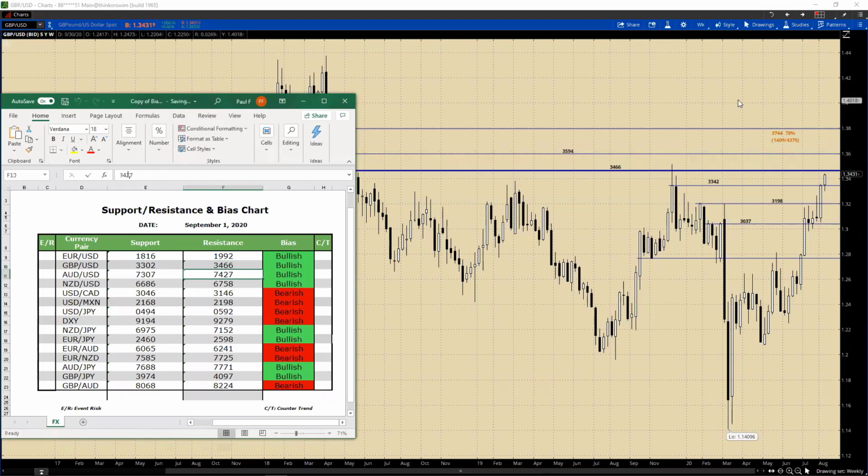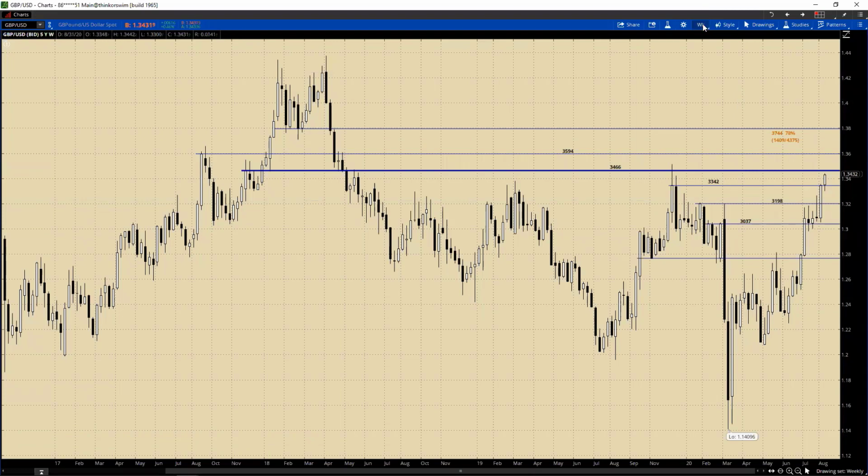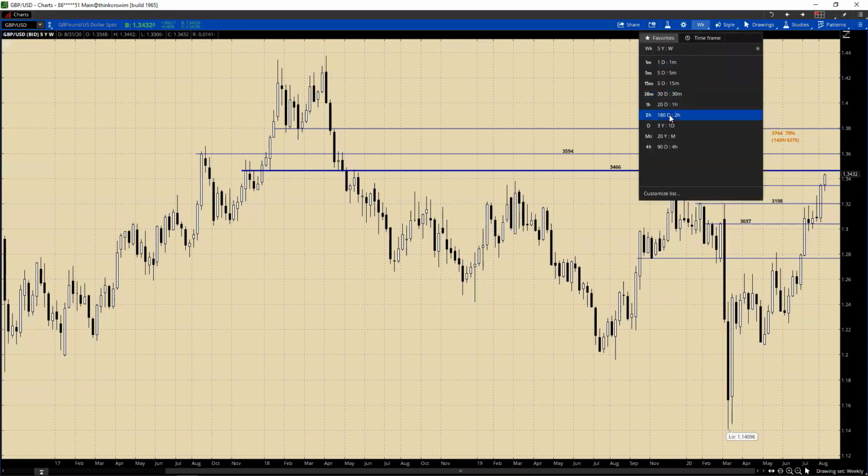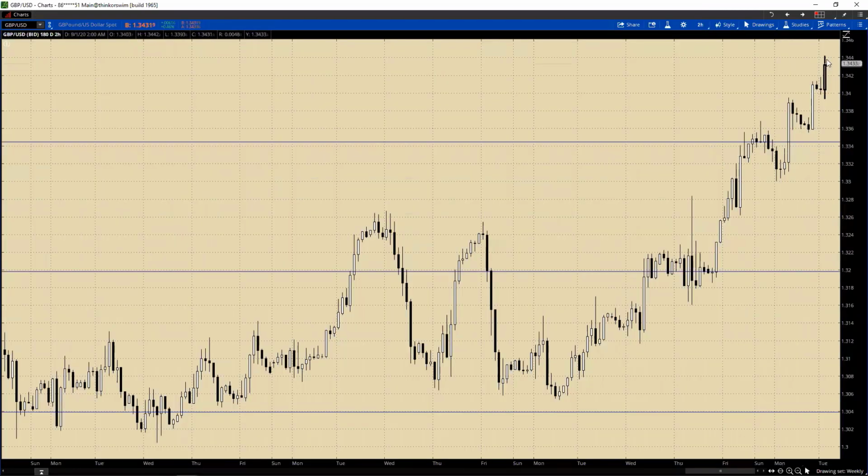And support, this is something else. Support will be right there, 33.88. We should go with that hard right there, which is 33.82, which isn't saying a whole lot.